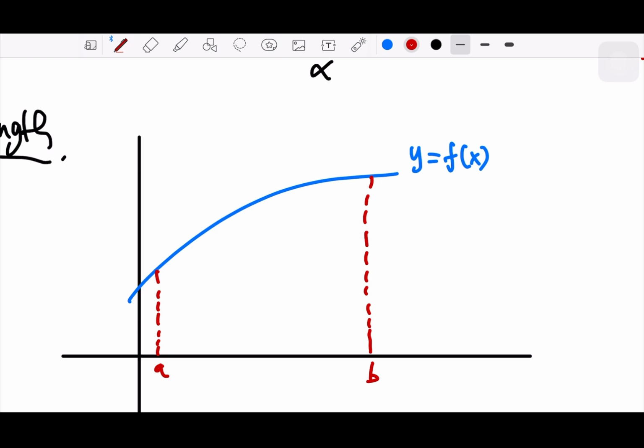The idea is we cut this whole function piece by piece, and then we observe one small piece, maybe in the middle here, and then from there, let's say we have a tangent.